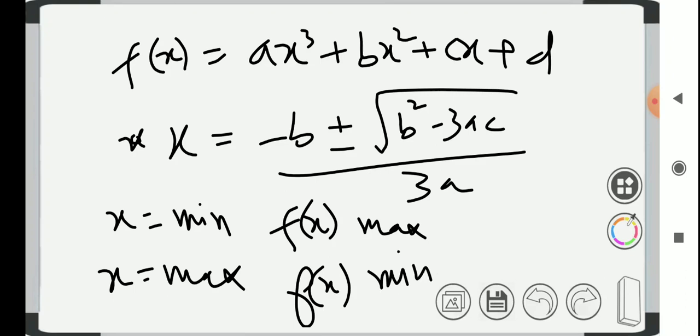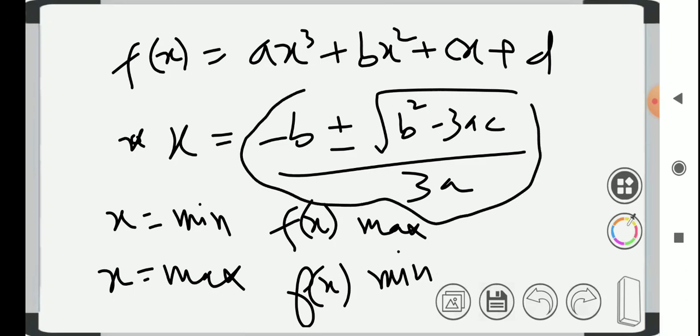So you only have to calculate this much. It is easy to calculate this value from a cubic polynomial. It may take only 10 to 15 seconds, and in that time you will be able to determine the max min points for this cubic polynomial. I am again saying that it might not be asked directly to determine max min points for a cubic polynomial, but it may be combined with some other topics from mathematics.